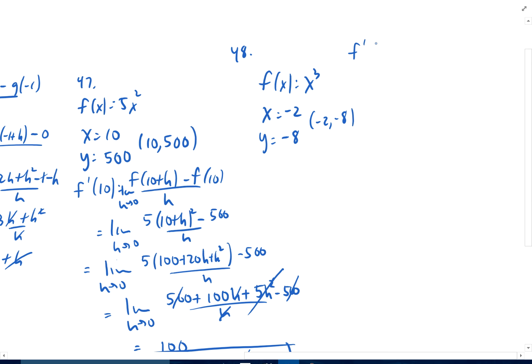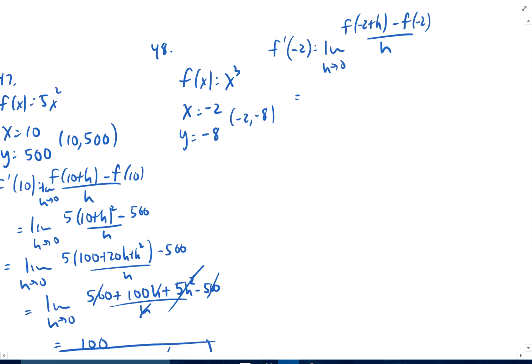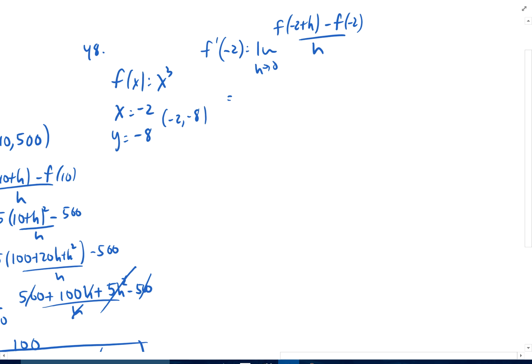So f prime of negative 2 is the limit as h approaches 0 of f of negative 2 plus h minus f of negative 2. There's got to be an easier way to do this derivative, and the good news is there absolutely is, and we'll learn that this week.